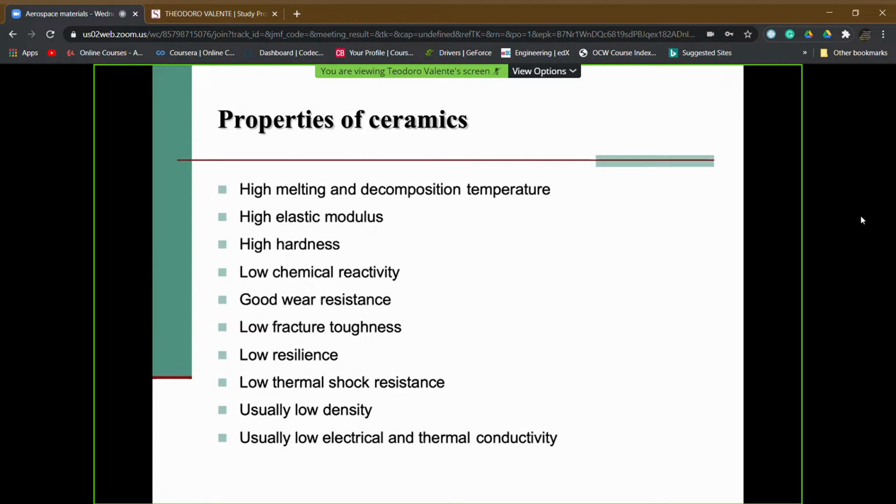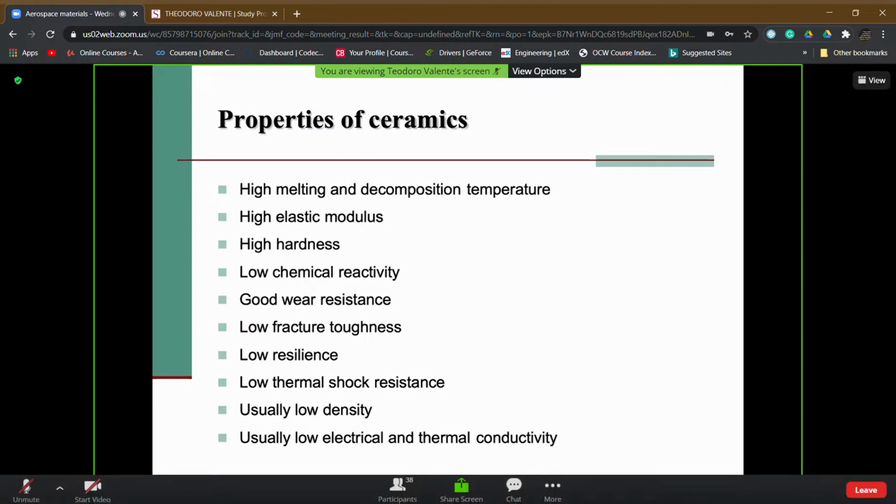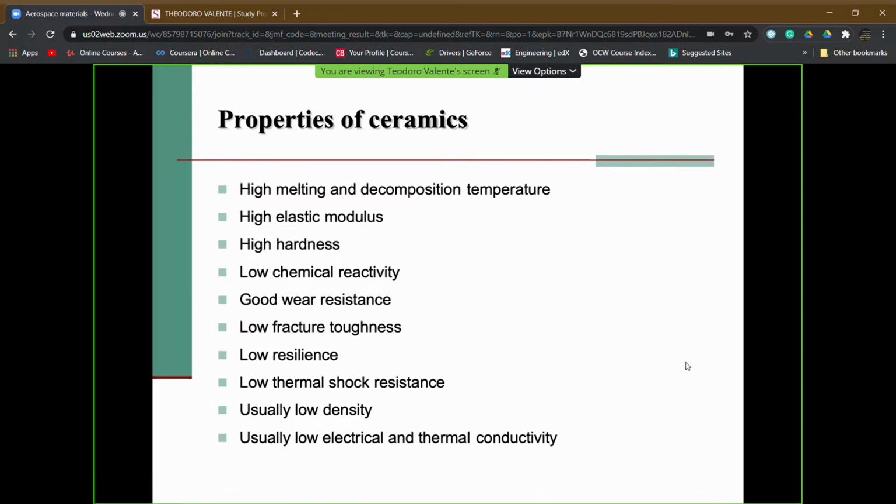They are brittle, so they also have low resilience. That is, they are not going to resist impact applied loads. And if we have in mind the concept of resilience, which I remind you is measured on a lab scale with a standard test, for example Charpy or Izod, here we have values of resilience, that is the capacity to absorb energy under impact, which are very, very low.